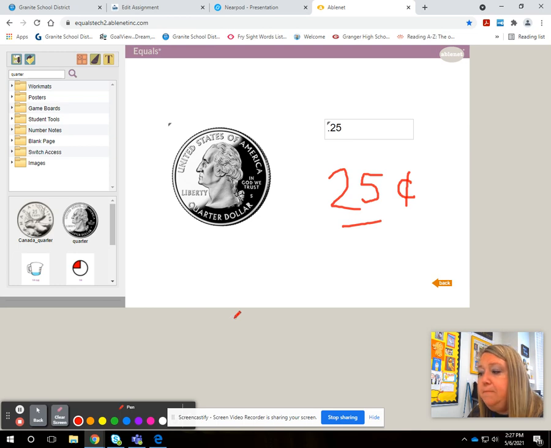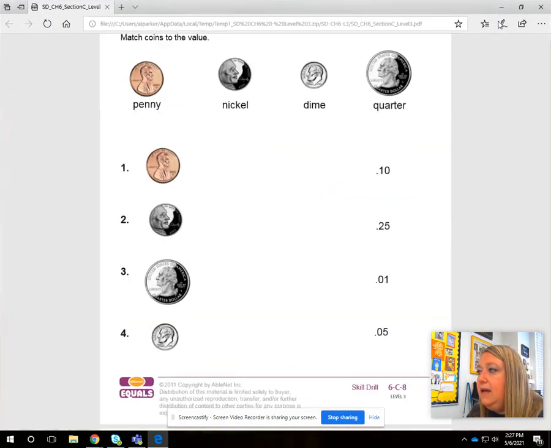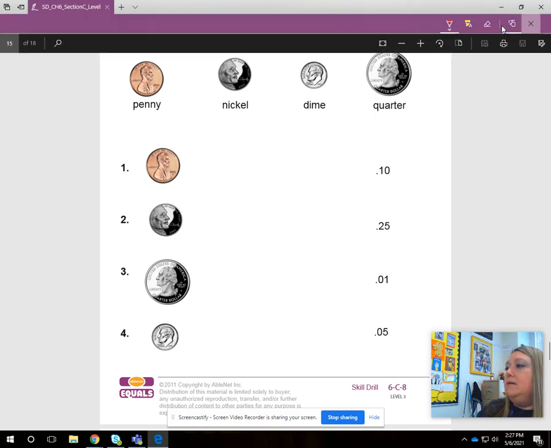All right. The next thing that we are going to do is take a look at our worksheets here. And I'm going to do the first one with you. Up at the top, it's actually kind of nice because they've provided the names for you. Here are the names of the different coins that we have.